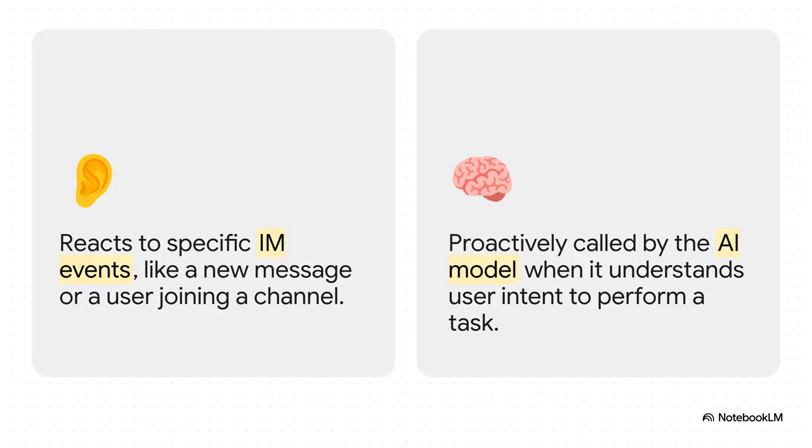So on one side, you've got your event-driven plugins. Think of these as reactive. They just sit there and listen for something specific to happen, like a new user joining the chat or someone typing a certain keyword. Then, on the other side, you have the model-driven plugins. These are proactive. The big AI model itself actually decides when it needs to call one of these plugins to handle a more complex job.